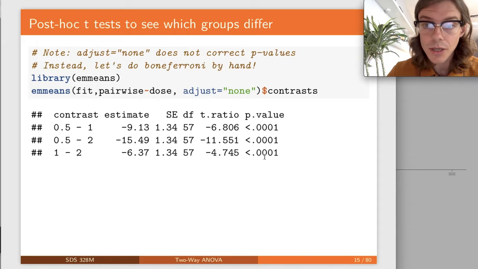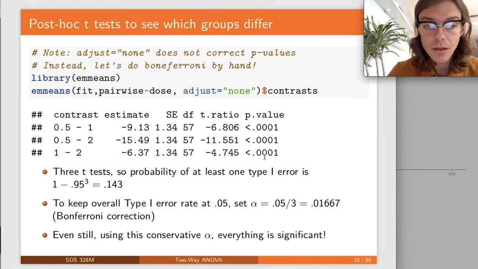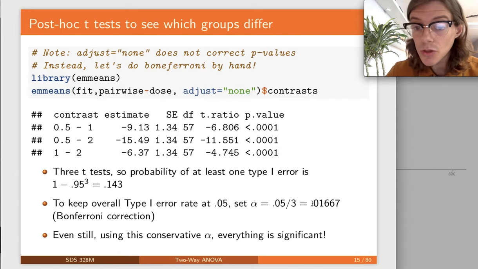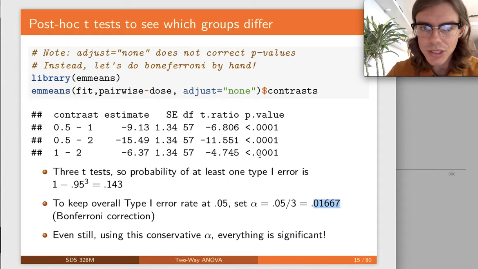So just divide 0.05 by 3. If you do that, your adjusted alpha, your adjusted significance level, is 0.0167 roughly, right? And hey, all these p-values are still lower than that. So still, it doesn't matter, right? You can still reject the null hypothesis. All 3 of these groups are different, even after using Bonferroni's correction.